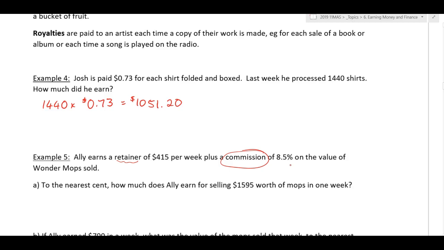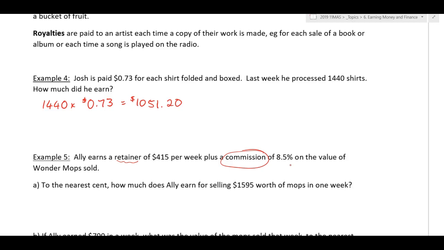There are all sorts of different conditions that might be applied to how commission is calculated, but a retainer is a fixed amount that you're paid, a bit like a salary, before any commission. So you have a guaranteed income even if your sales are low.